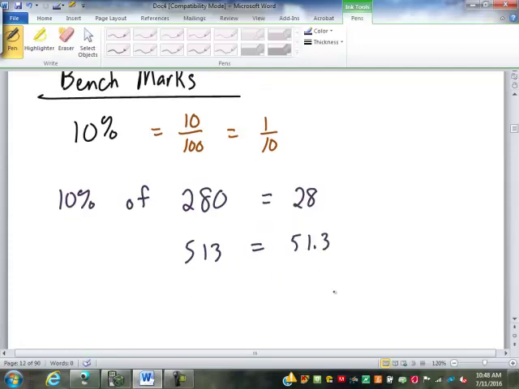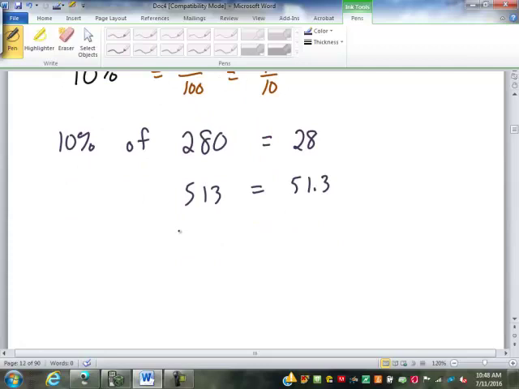If I asked you to find 10% of 6,200, what's it going to be? $620. 10% of 4.8 is going to be 0.48. We just have to move that decimal point over one spot.